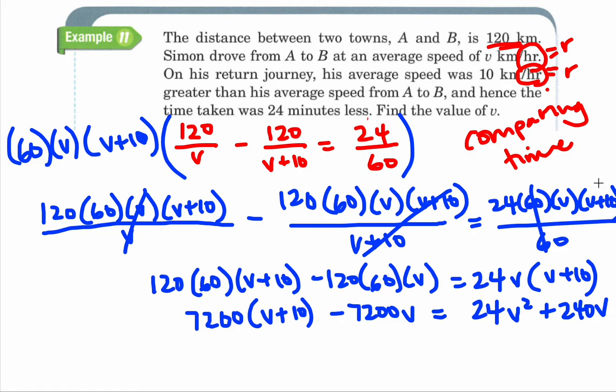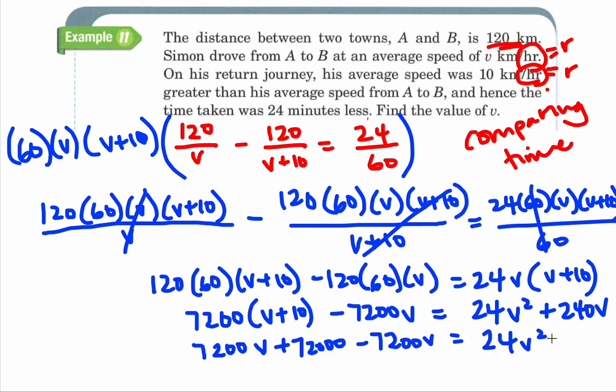Now you're probably thinking to yourself, oh my gosh, these numbers are huge. Yeah, they're huge, but maybe later on we can take out a GCF, okay? So since we're multiplying the same numbers again and again, I have complete faith that we can eliminate and take out a GCF later. 7,200 times V is 7,200V plus 72,000, now we're adding another 0, minus 7,200V equals 24V squared plus 240V.